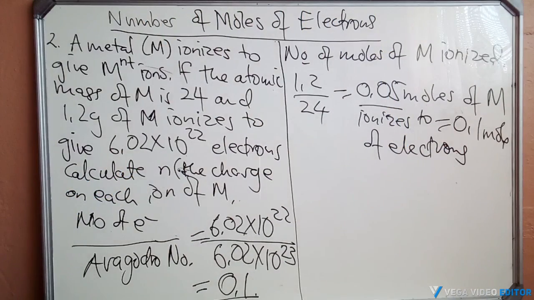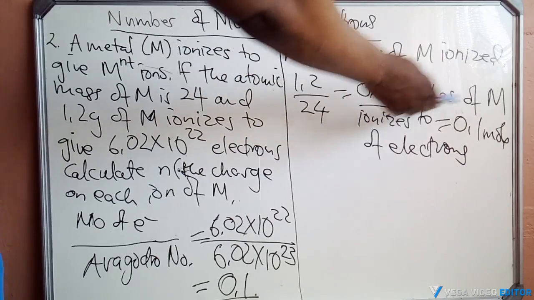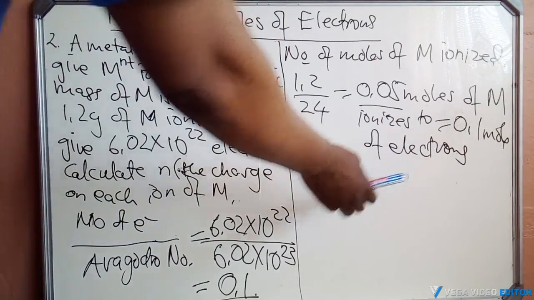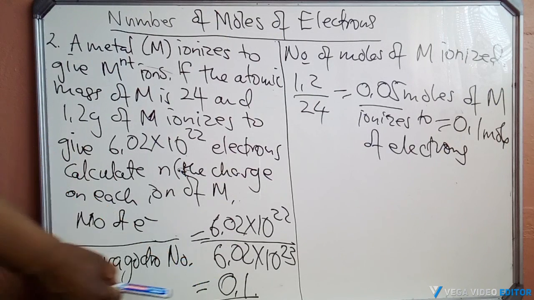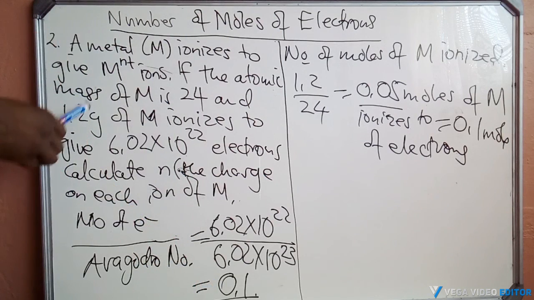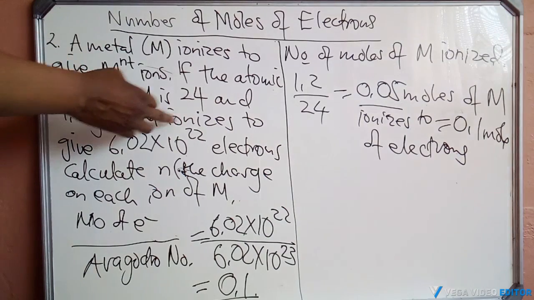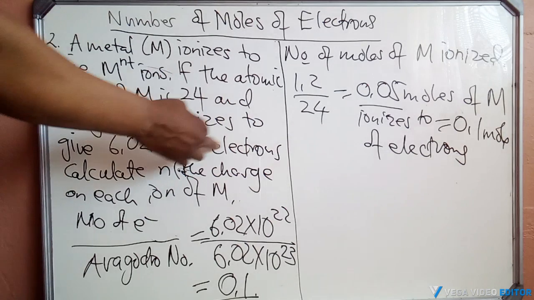Now we know that from the ratio we have found 0.05 moles of M ionizing to give 0.1 moles of electrons. Remember that the 0.1 that we calculated here is the moles of electrons found in that 1.2 grams, because we knew that 1.2 grams of M ionizes to give 6.02 times 10 to the power of 22 electrons.